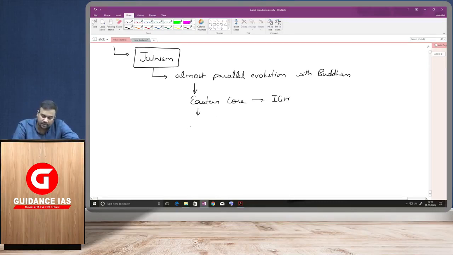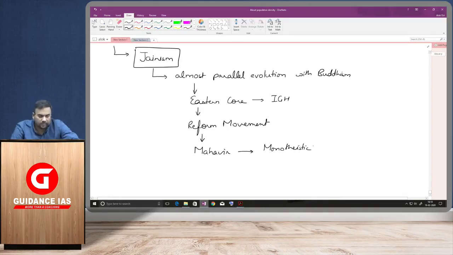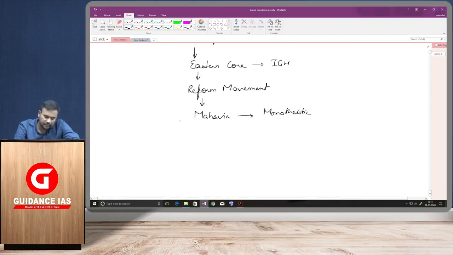It also originated as a reform movement within Hinduism. It also originated from the preachings of one person, Mahavir. And again, it was also a monotheistic religion. But what was the difference in Jainism? As we said, it was characterized by strict practices.